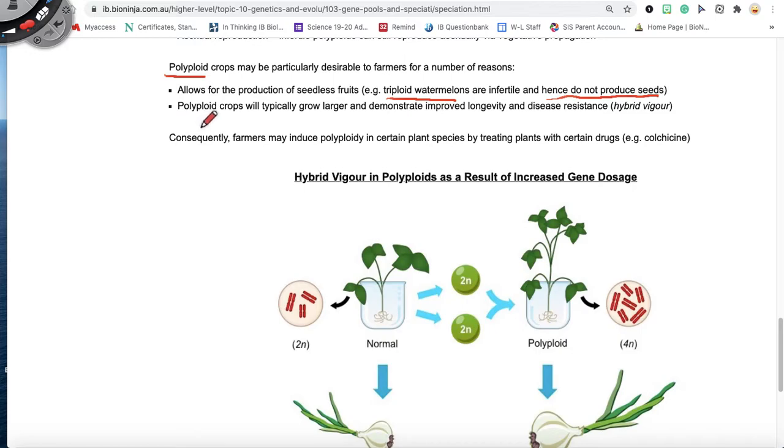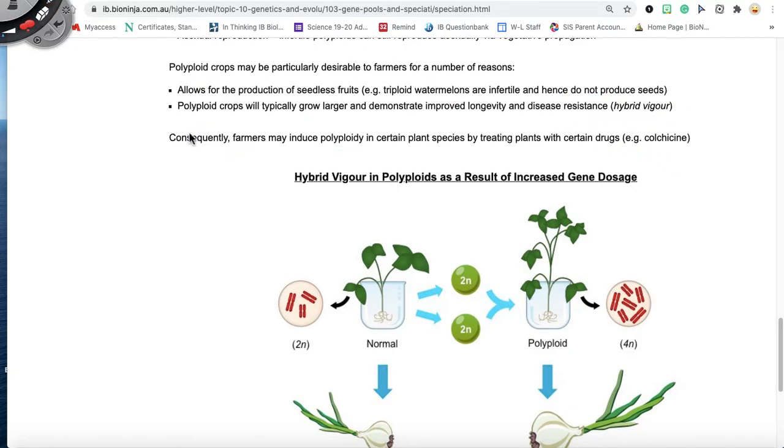Typically polyploid crops are going to grow larger, and they're going to demonstrate improved longevity and disease resistance. This is what we refer to as hybrid vigor. Farmers may induce polyploidy in certain plants by treating plants with certain drugs known as colchicine. With this type of drug, you are aiming to produce some type of meiotic error. Okay, so you want the mistake to happen.